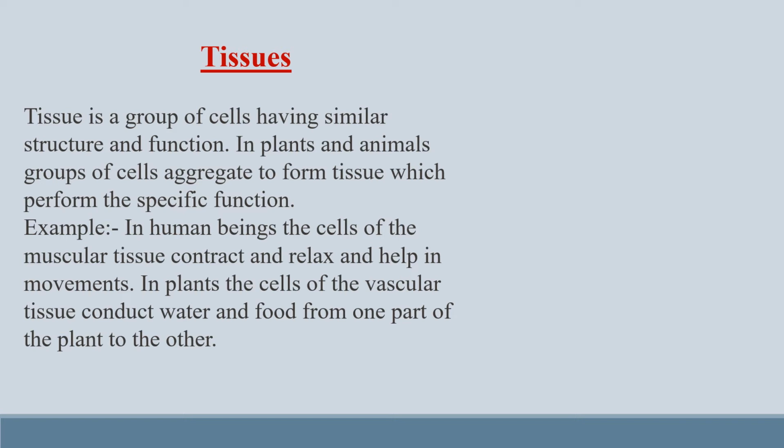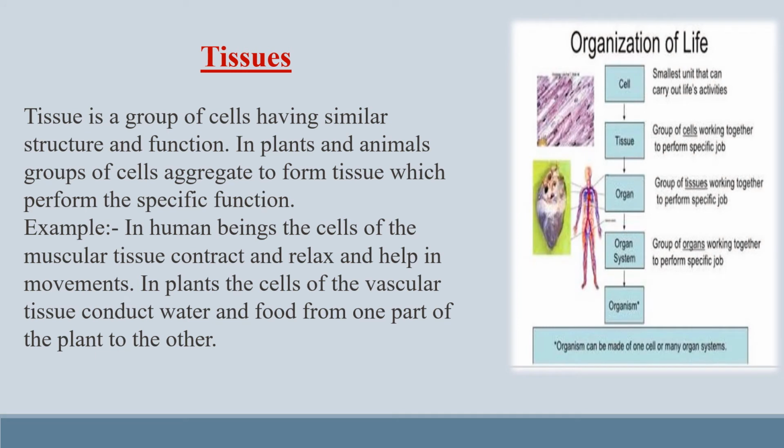For example, in human beings, the cells of muscular tissue contract and relax and help in movement. In plants, the cells of vascular tissue conduct water and food from one part of the plant to other parts. As in this picture, you can see how the organization of life occurs.